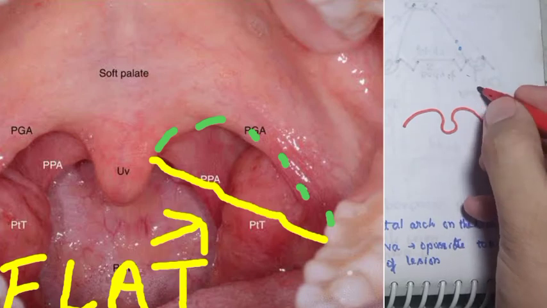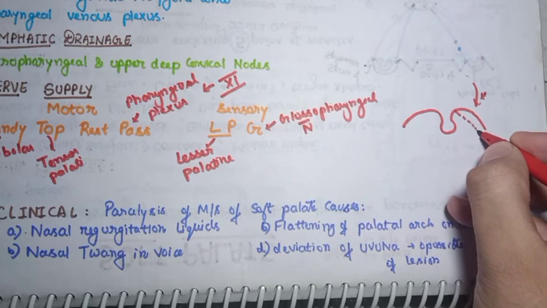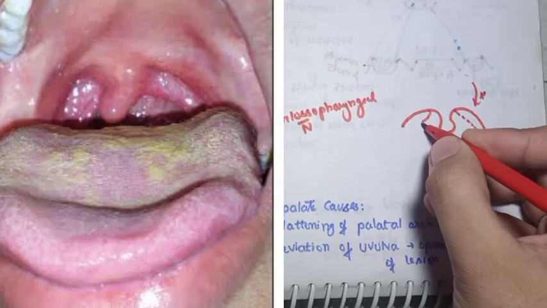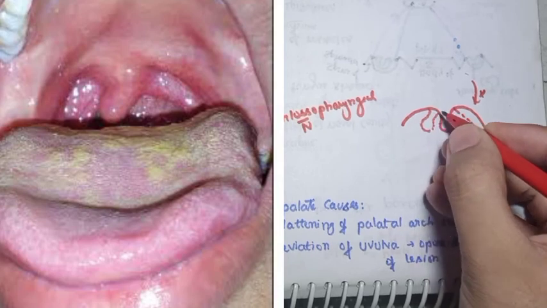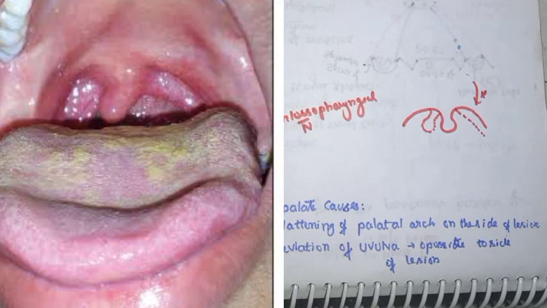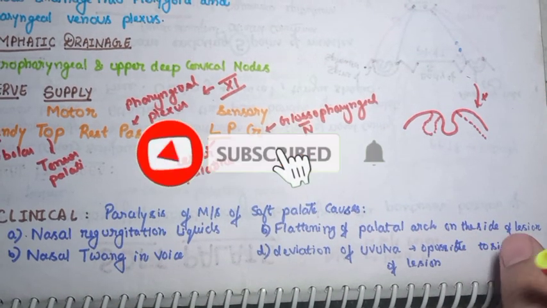If the nerve supplying this side of muscle is damaged, then the palatal arch will be flattened like this. But the deviation of the uvula will be to the opposite side. The uvula deviates to the opposite side while the flattening of the palatal arch occurs on the same side as the lesion. So this was all about the soft palate.